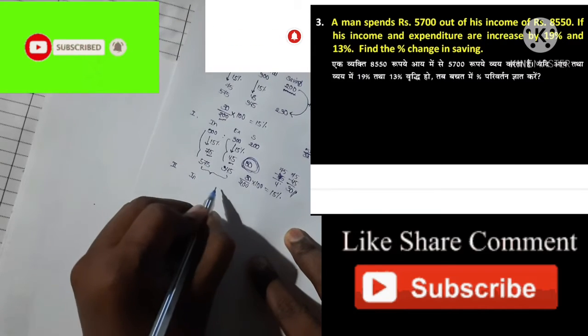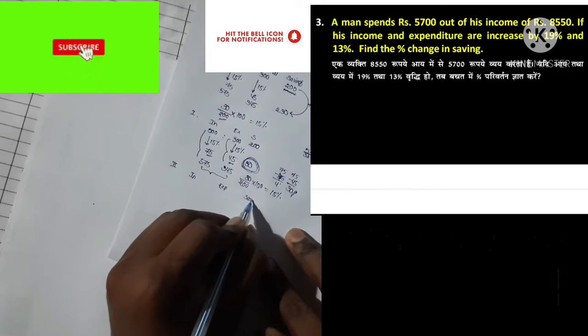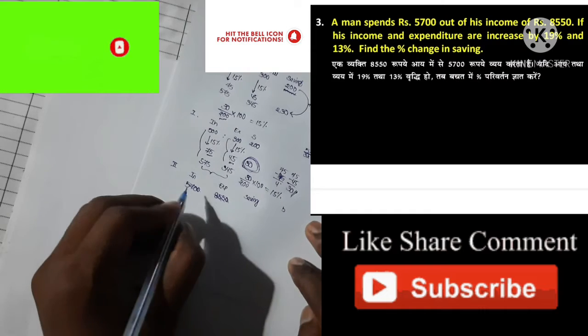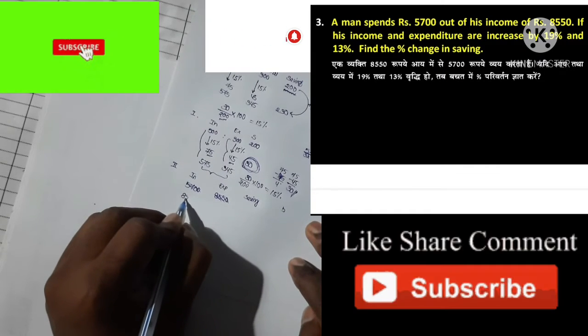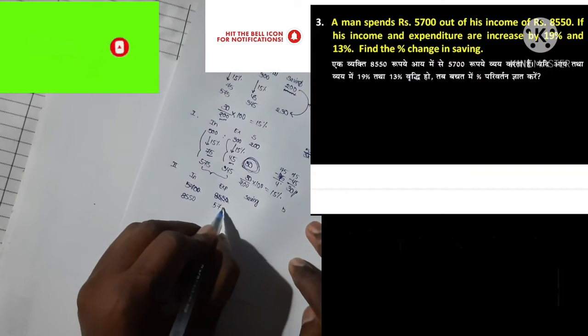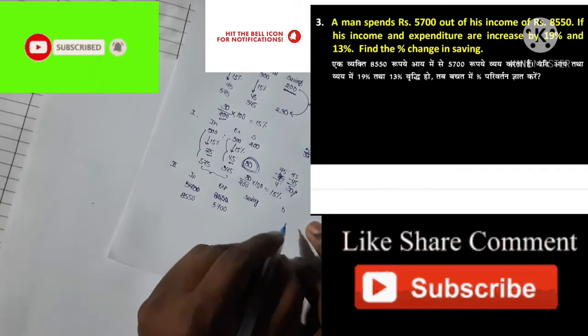So income, expenditure, save. Income is 8,550. Expenditure is 5,700. Saving is income minus expenditure.